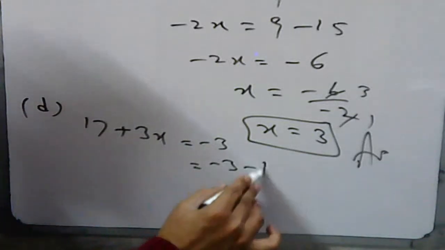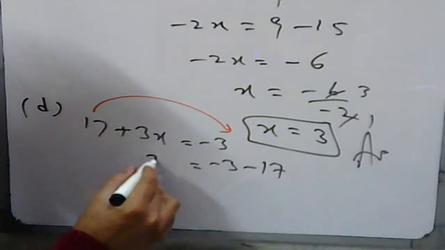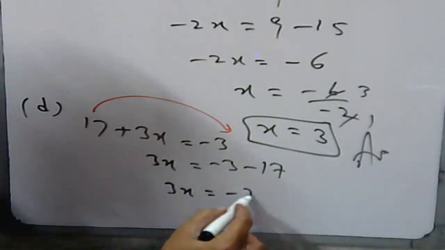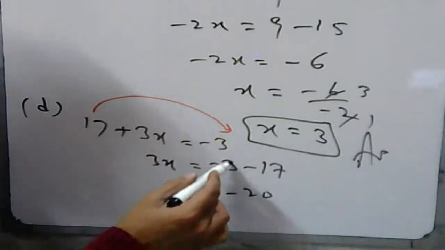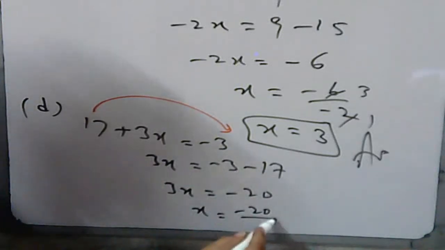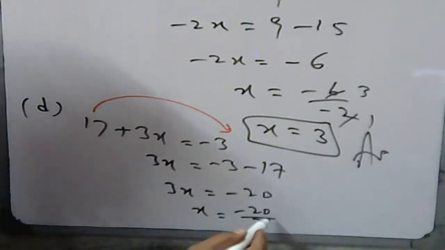By the same methodology, minus 17. After shifting this 17 to one side, you will get 3x. So the value of 3x is minus 20, 17, 18, 19, 20. And the value of x is minus 20 divided by 3. So that is your result.